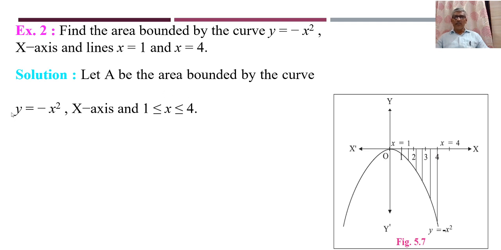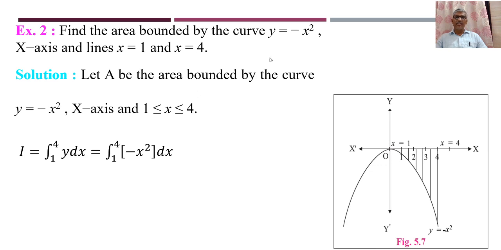Here y equal to minus x square, on the negative y axis, means the curve is on the negative y axis, and the value of x is greater than or equal to 1 and less than or equal to 4. Now the required area is the integration to the limit x equal to 1, the lower limit, and x equal to 4, the upper limit, of y dx.